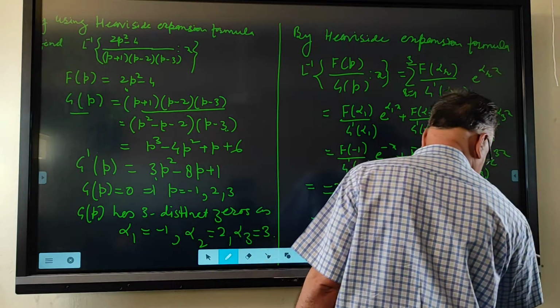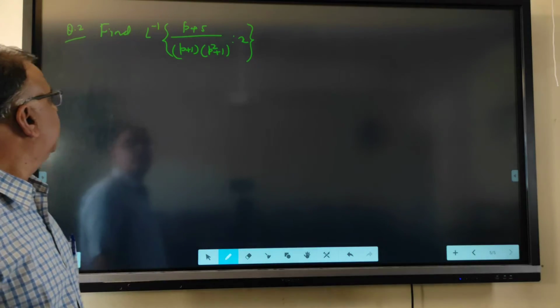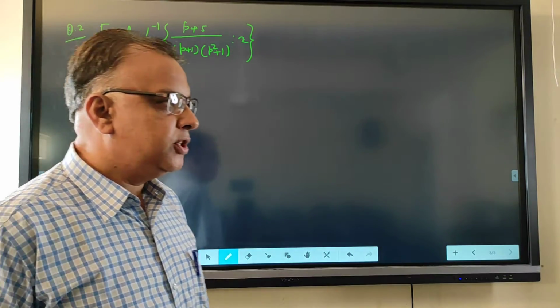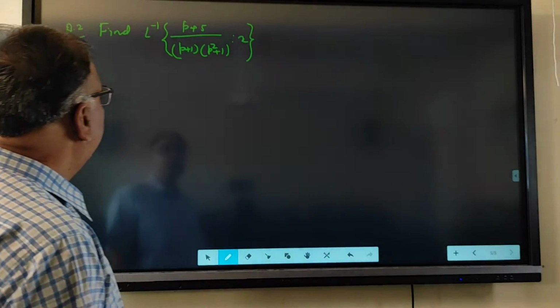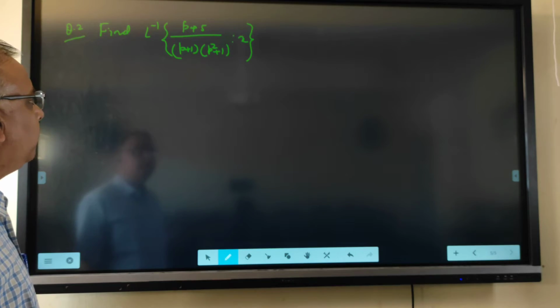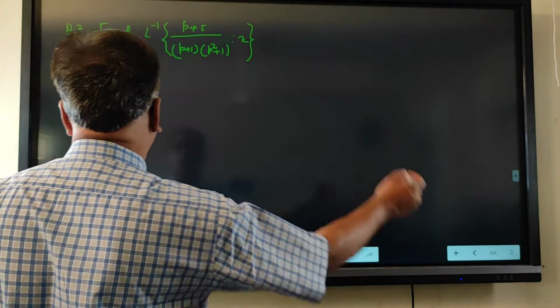Another problem we can solve by using the Heaviside expansion formula is the function (p + 5) upon (p + 1)(p² + 1).